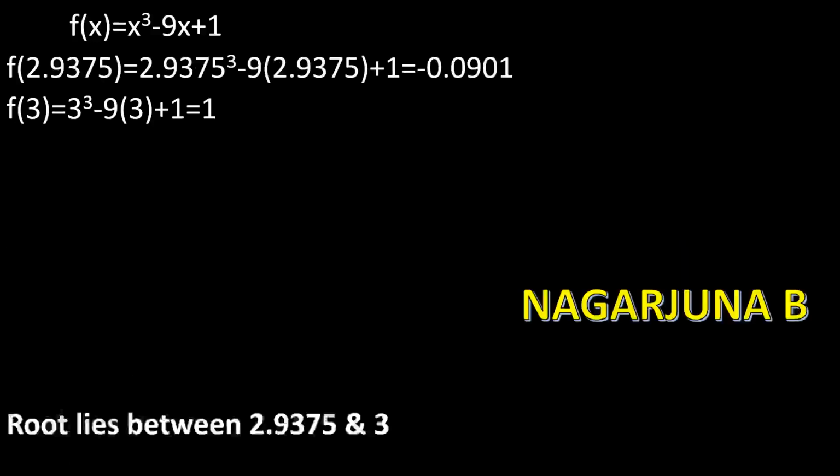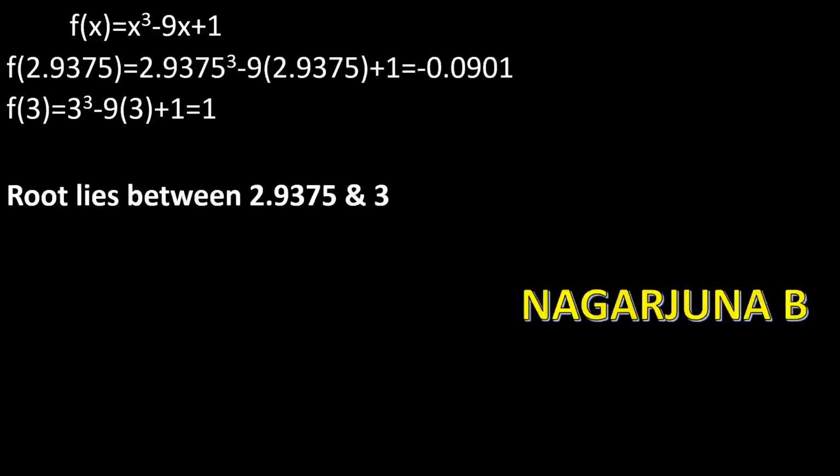The root lies between 2.9375, for which you have a negative value, and 3, for which f of 3 is a positive. Therefore the root lies between 2.9375 and 3.